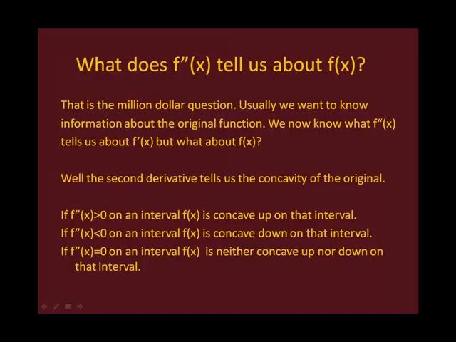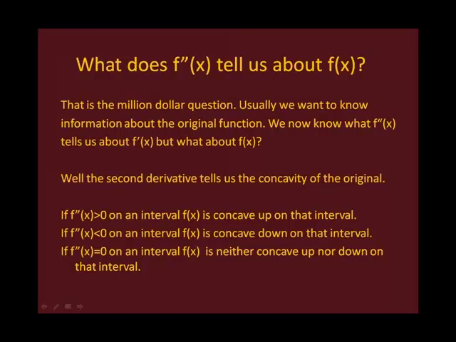This is a great relationship related to something visual. So here, if the second derivative of a function is positive on an interval, then the original graph of f of x is concave up on that interval. And remember, concave up means it looks like a cup and that it will hold water.